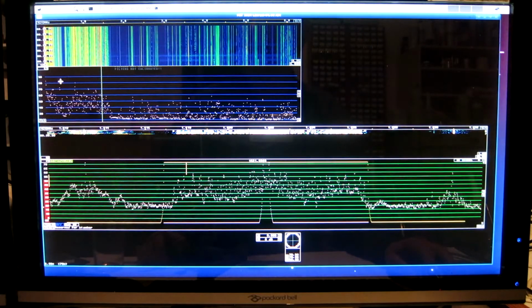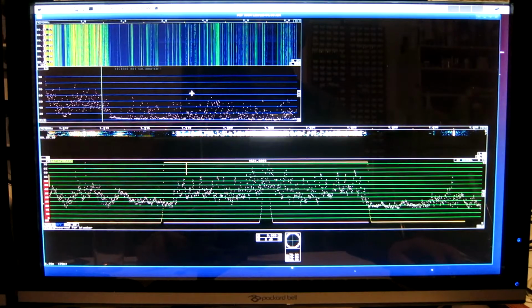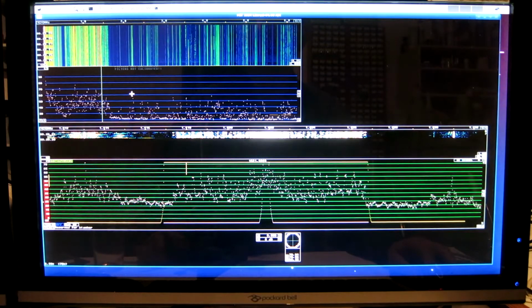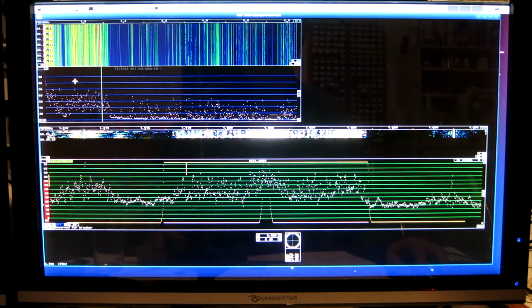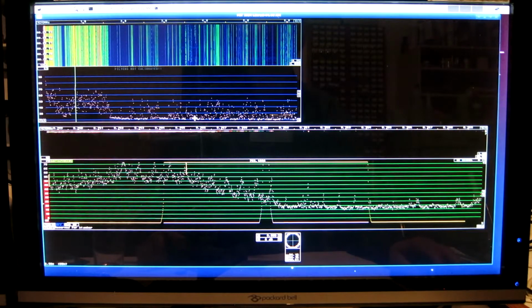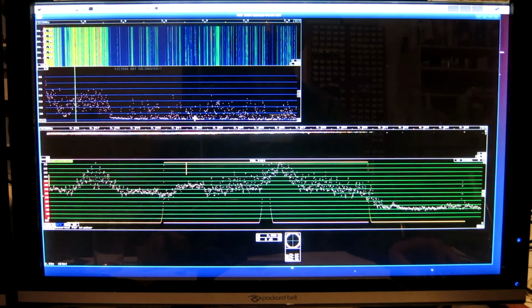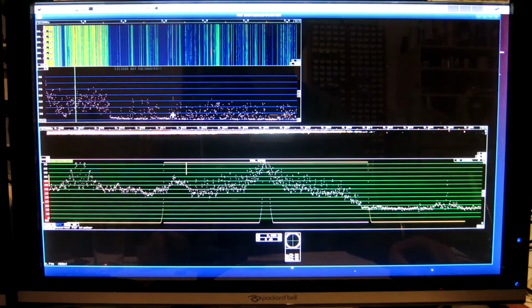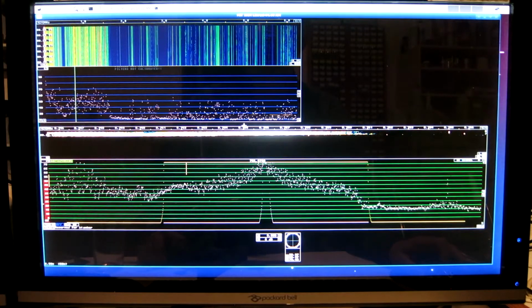It's now in the middle of the night, so the medium wave is full of stations. Here is a strong one. Sounds like the other one I just had.